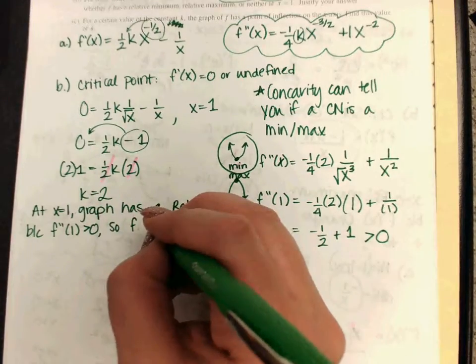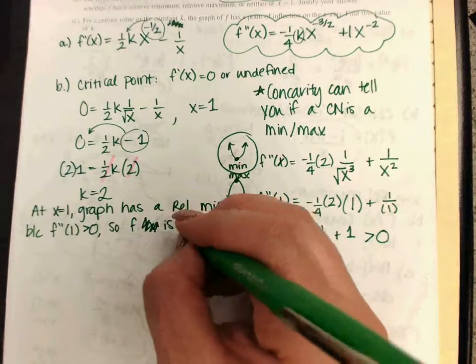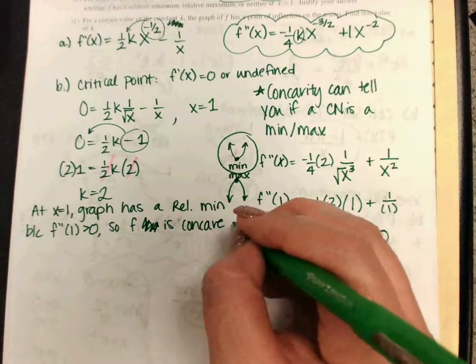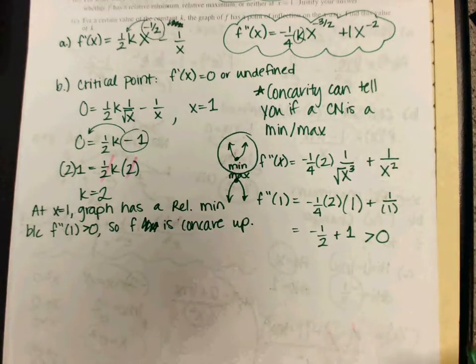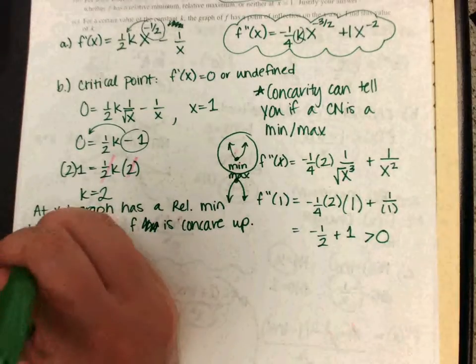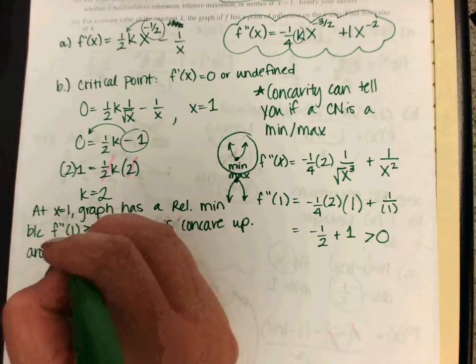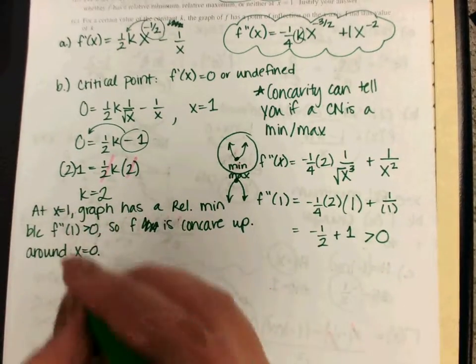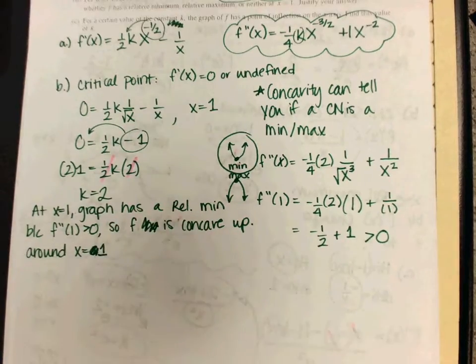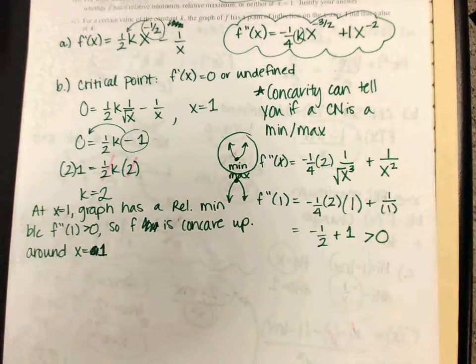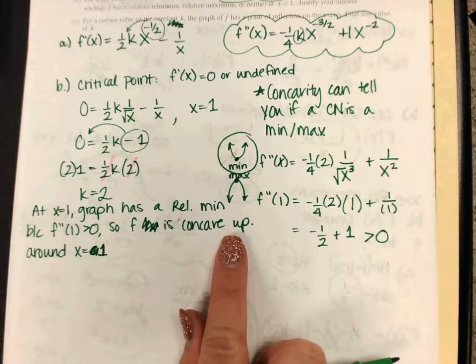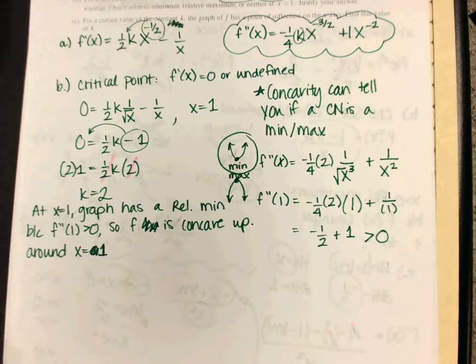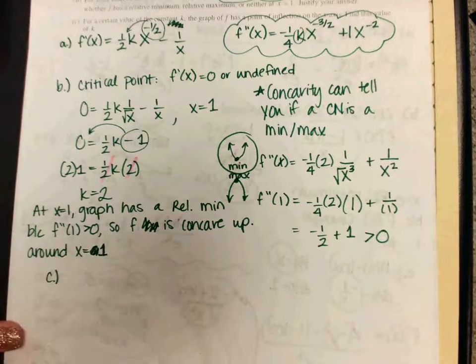So f is concave up around x equals 1. Okay? So remember, you can't be concave up at a single point. You have to be concave up around a point. Okay? Last part, part C.